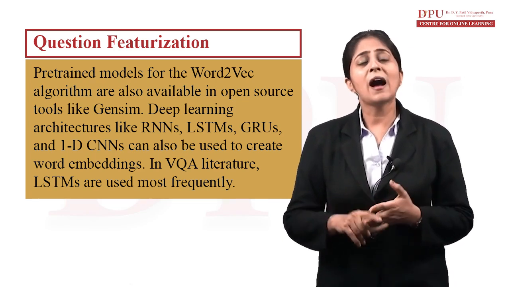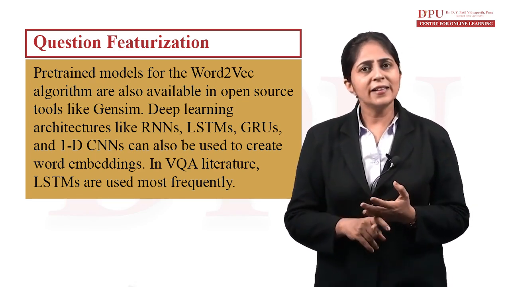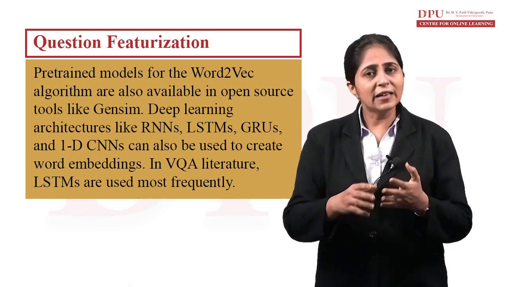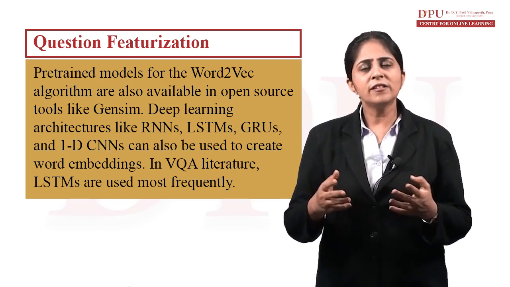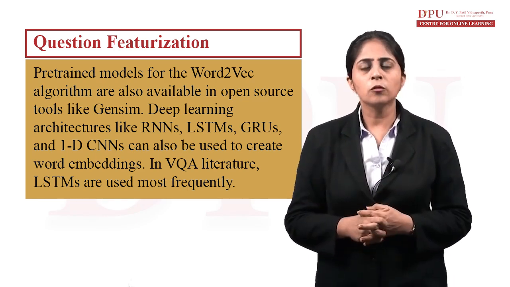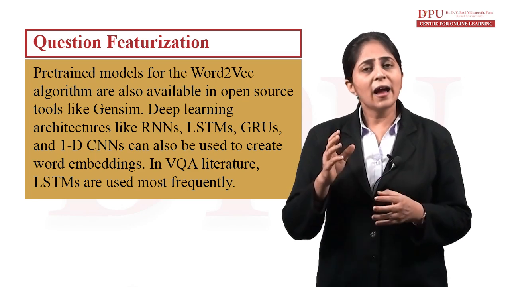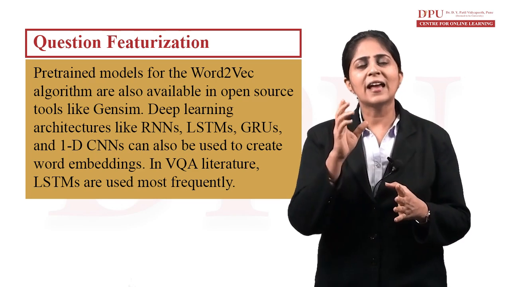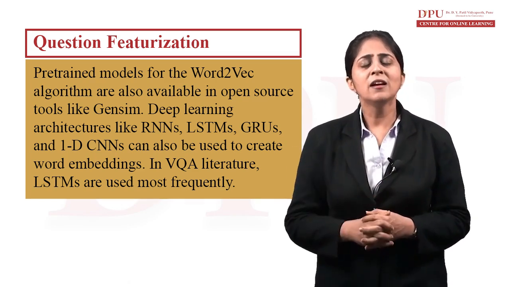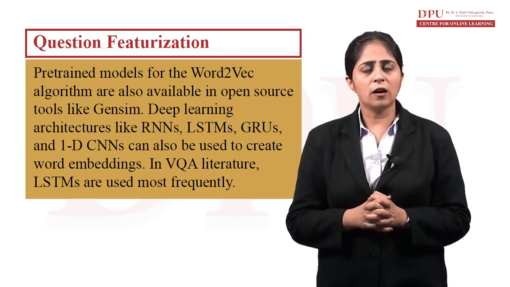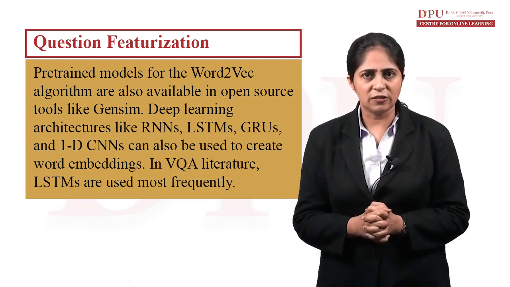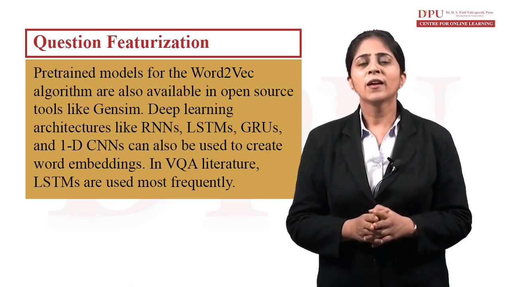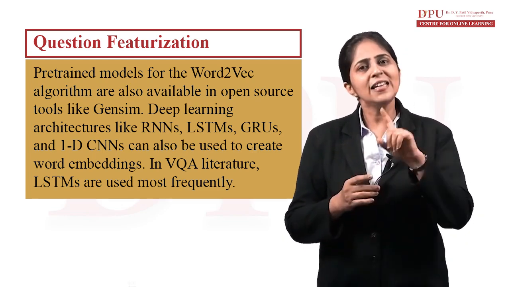We can use RNN, the recurrent neural network, GRU, the gated recurrent unit, then CNN, the convolutional neural network, and among these, LSTM, the long short term memory that we talked about earlier, is the most frequently used for the purpose of question featureization.